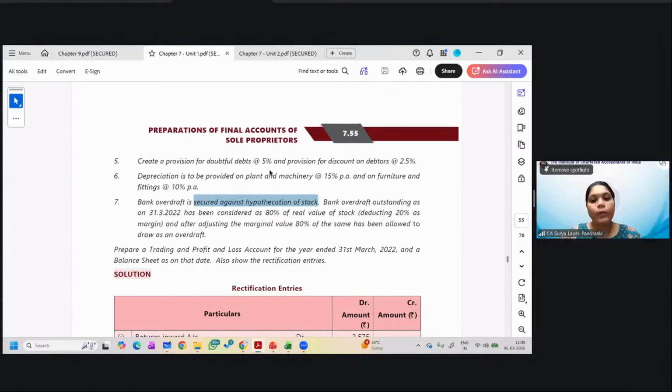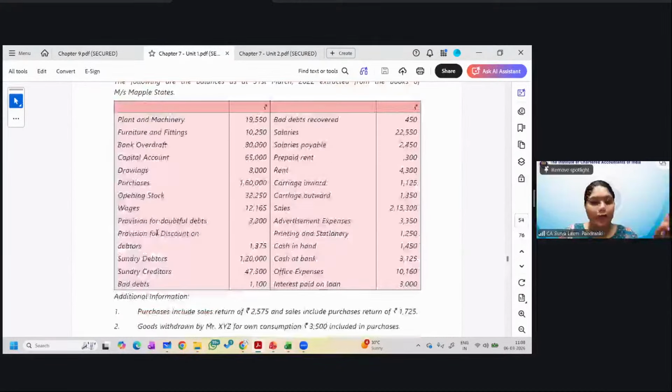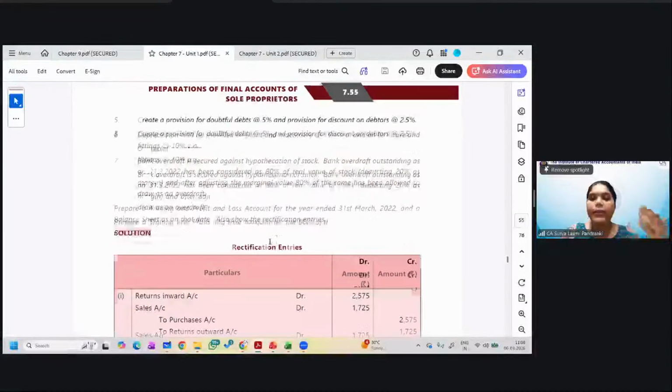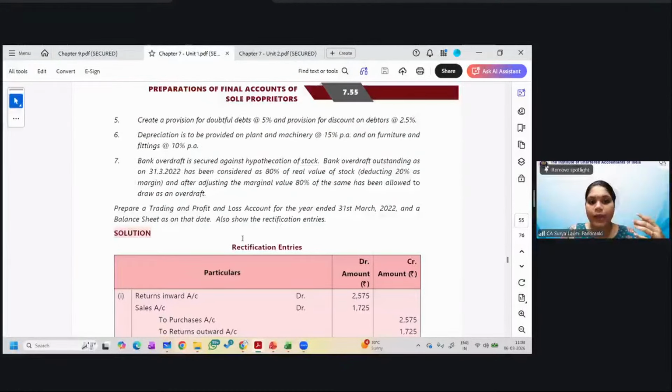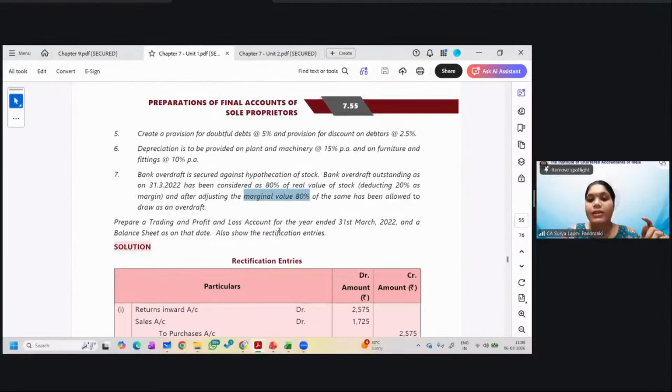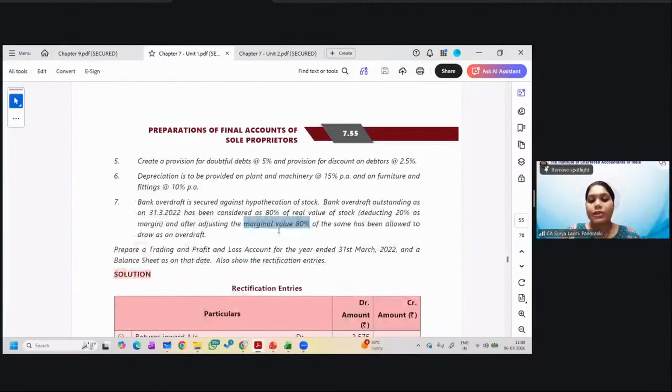Now, bank overdraft outstanding as on 31st March 2022 has been considered as 80% of the real value of stock, deducting 20% as margin, which means whatever overdraft is given here is just 80% of the value of the stock. They have deducted 20% as a margin, right? And also after adjusting a marginal value of 80%, which means two times they have done an adjustment.